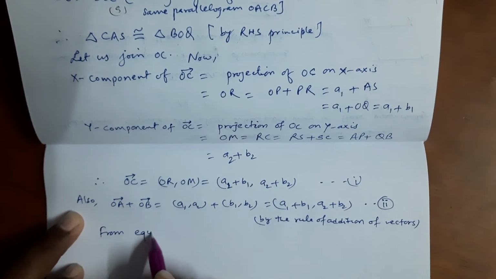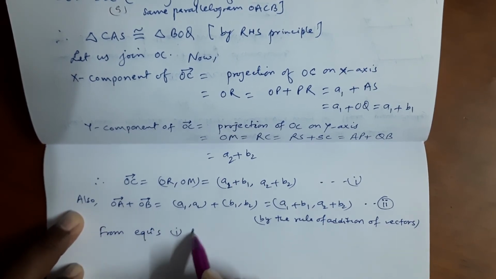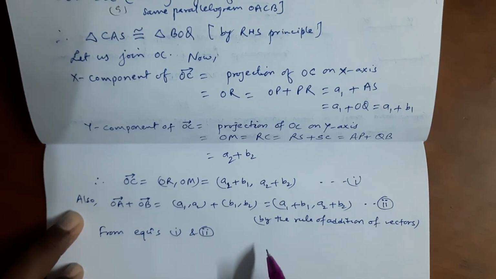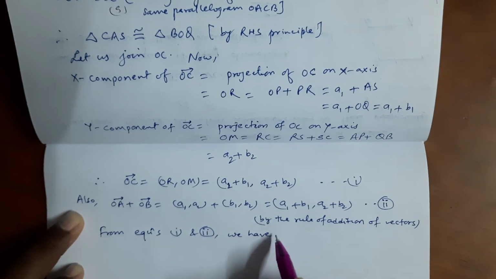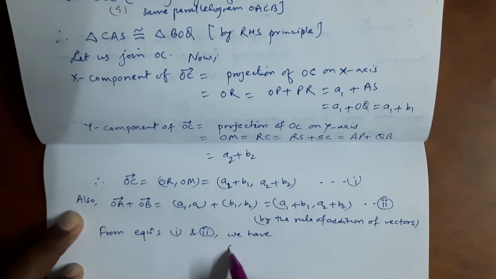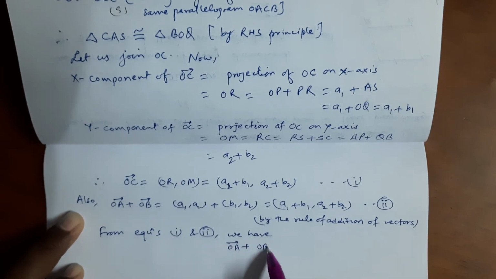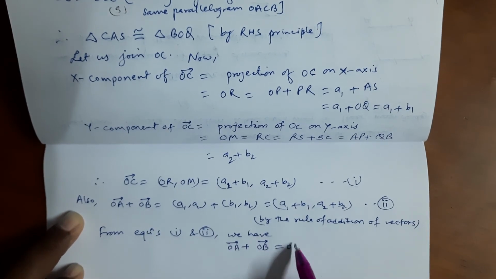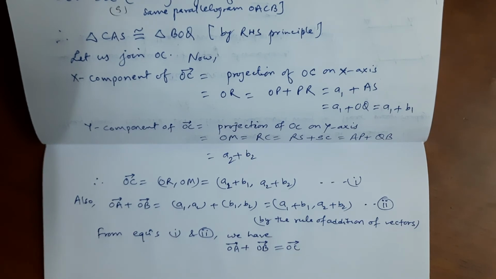We can write this now from equations 1 and 2. From equations 1 and 2, what we can write is we have OA vector plus OB vector equals OC vector.